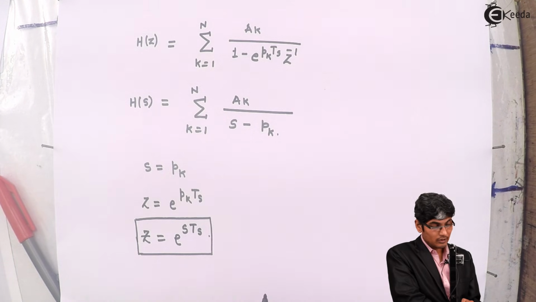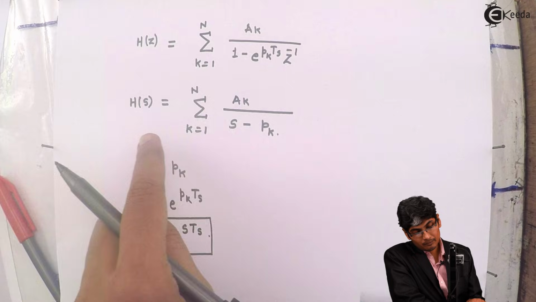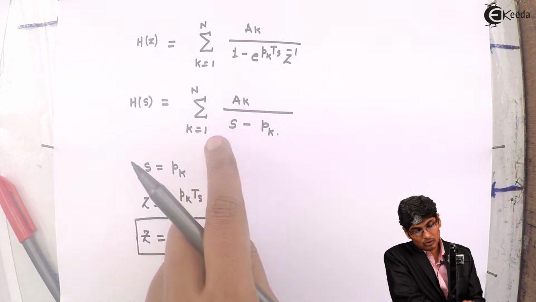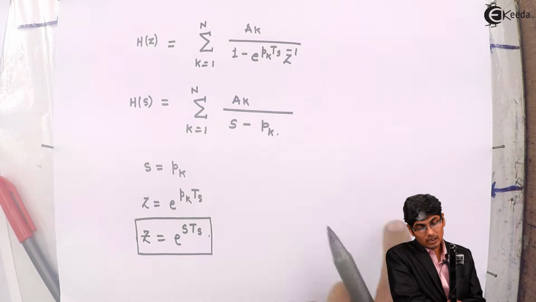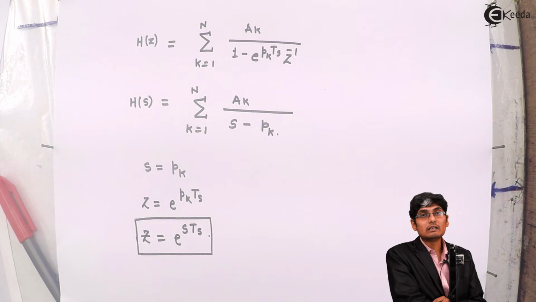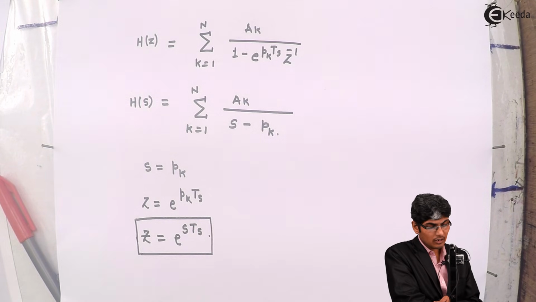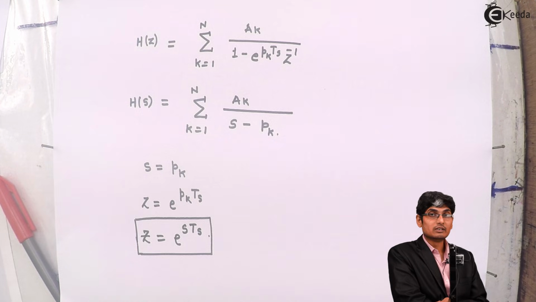That is the relation between the two transfer functions. So if I want to transfer from H of s to H of z, I have to replace all my poles from s minus p_k to e raised to p_k Ts, with the sampling period Ts. I just need to replace the pole values, and I will get the relation z equal to e raised to sTs.